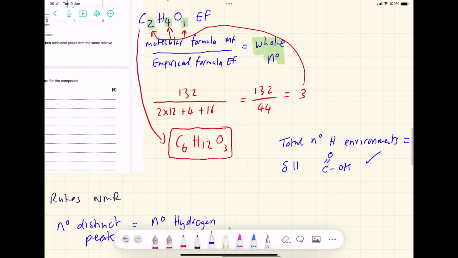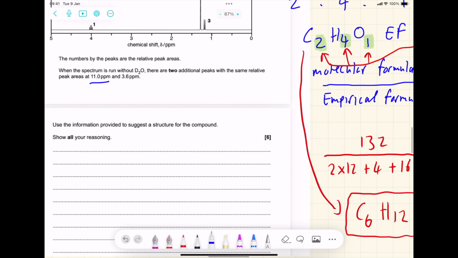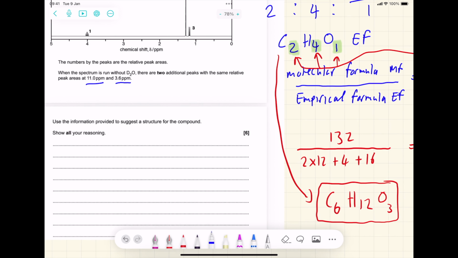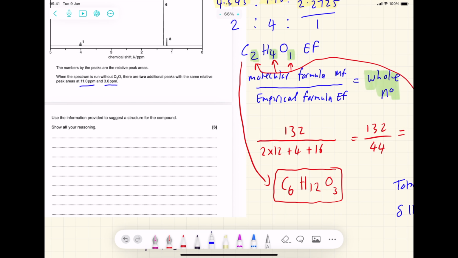So that's great. And then the second one is at 3.6. If you look at the datasheet for 3.6, we can see that there's a few options. So let's take a look. The way to work out what this functional group could be is by a process of elimination. Immediately I can see there's a hydrogen attached to a carbon next to a nitrogen. Well, there's no nitrogen in this molecule, so it's definitely not that. So that's out.